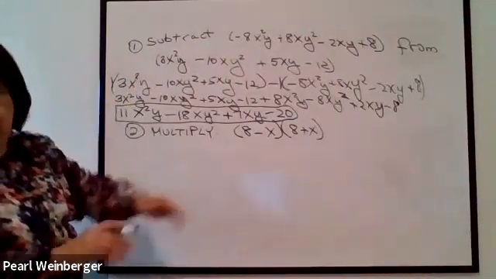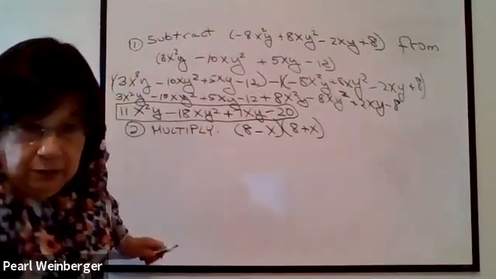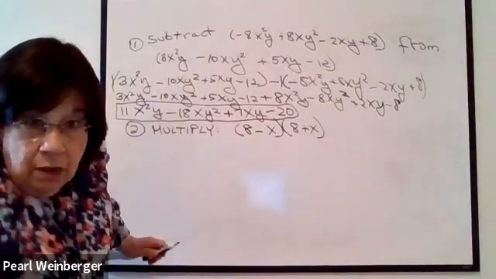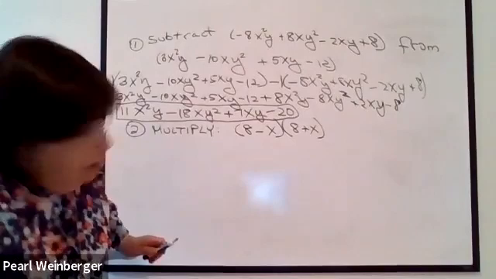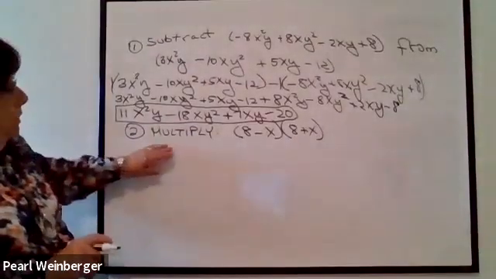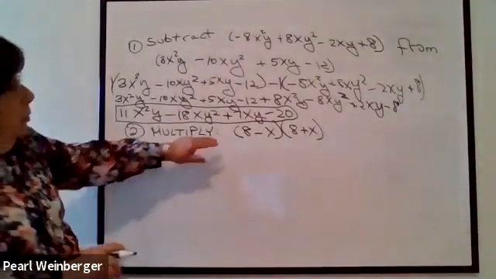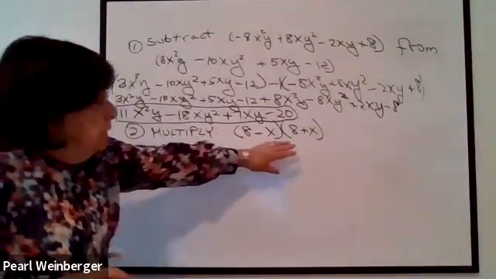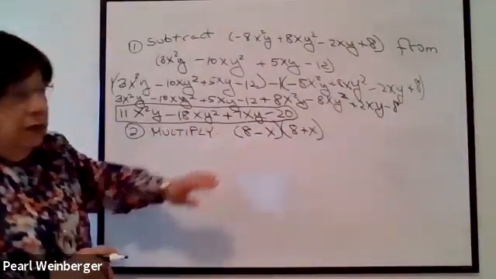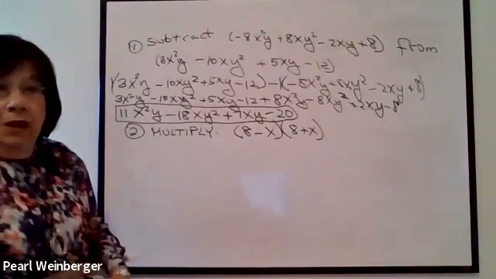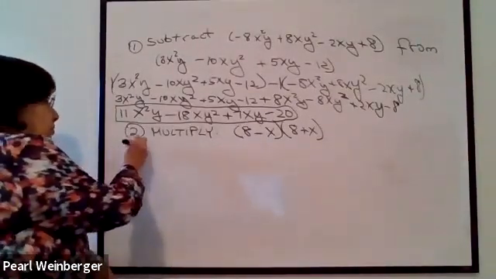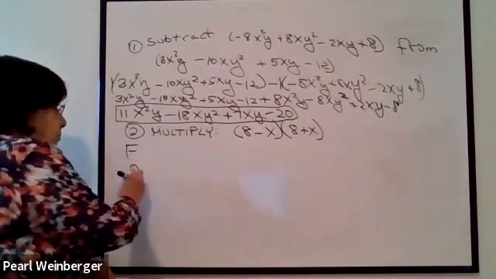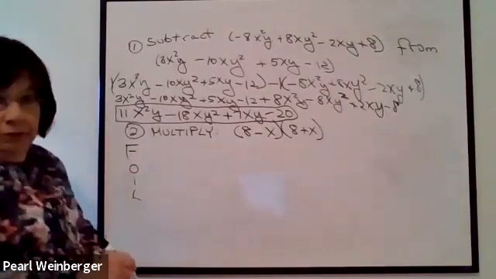Okay, the next thing we have is a multiplication example where we're multiplying two binomials. And we know when we're multiplying binomials, we do what's called FOIL: first, outer, inner, last.